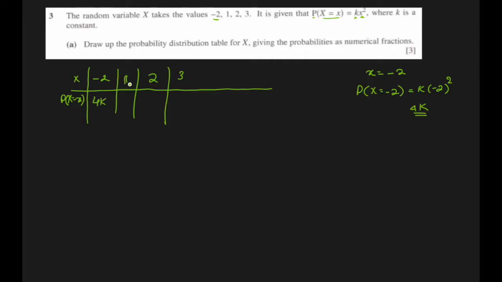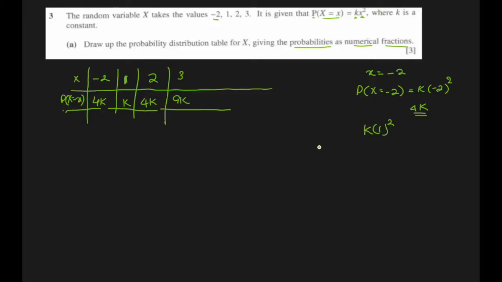For 1 we'll do the same thing, k times 1 square, which is just k. For 2 it will again be 4k, because 2 square is also 4, and for 3 square is 9, so 9k, right? But they said draw the probability distribution giving the probabilities as numerical fractions, and we are giving probabilities in terms of k. They are not numerical fractions. That means we have to evaluate k first and then put it here.